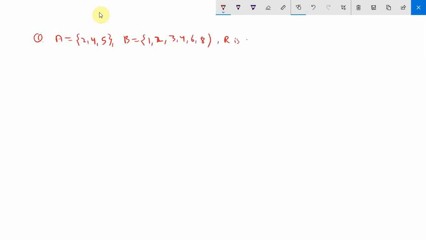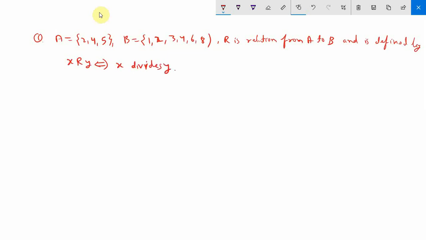R is a relation from A to B and is defined by x R y, which implies x divides y.